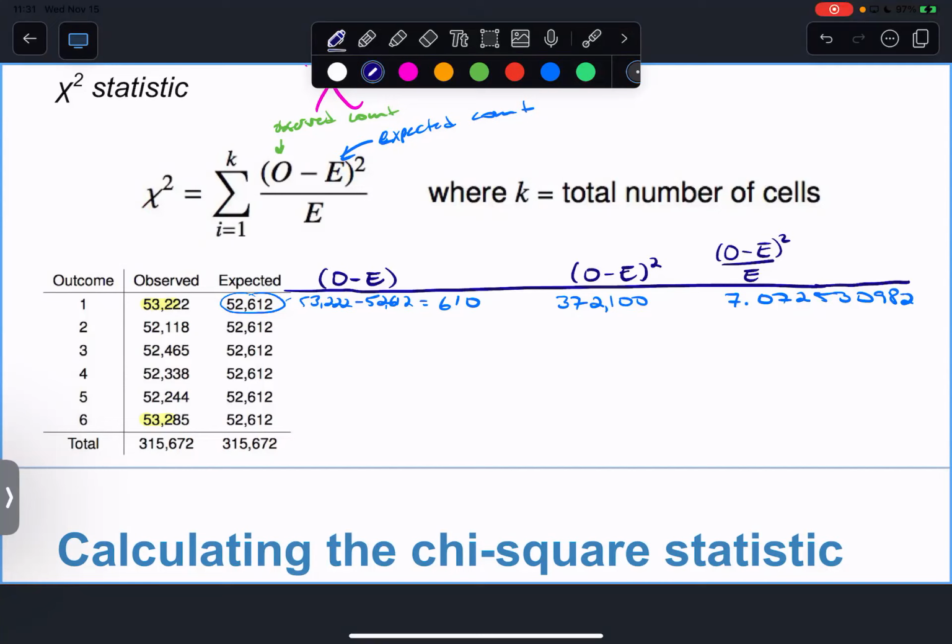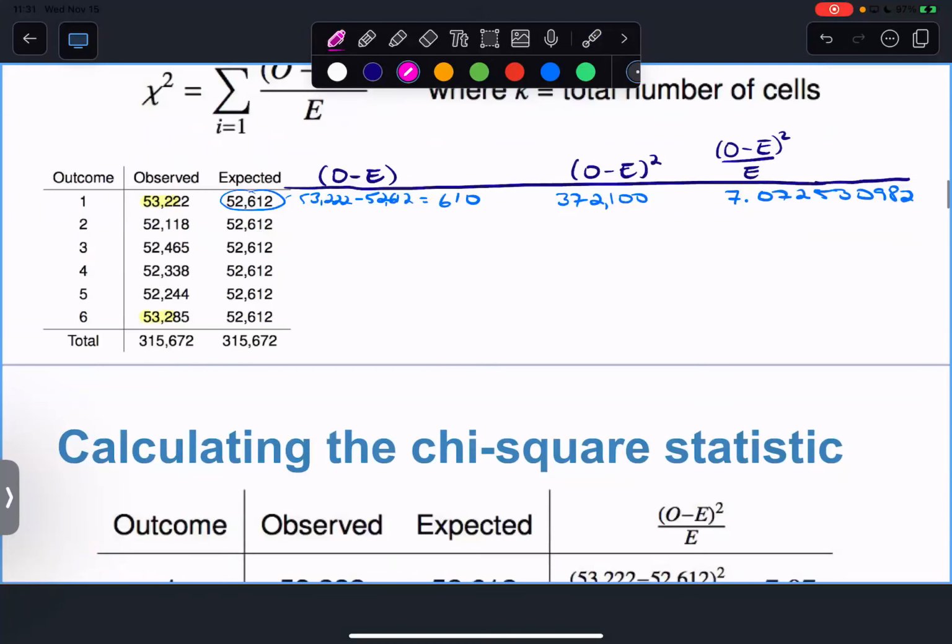What would you have to do next? You'd have to add them all up. So you would do that for each row. So we've done the observed minus the expected, then we squared it, then we divided by E, and then to take the sum here, this is the sum of the observed minus the expected squared divided by the expected, which is your chi-squared.